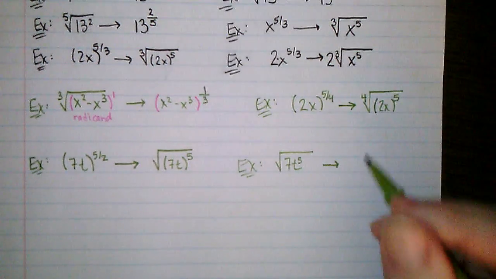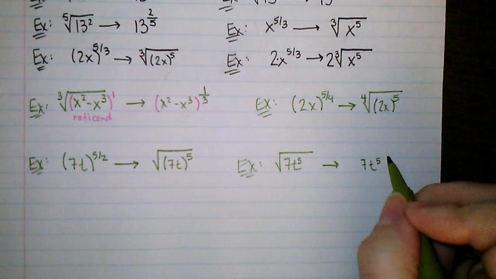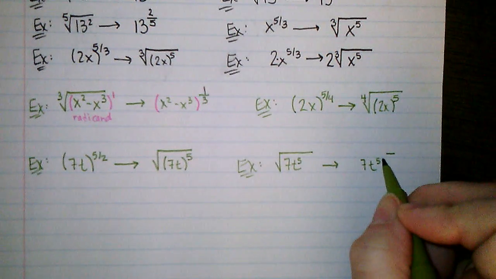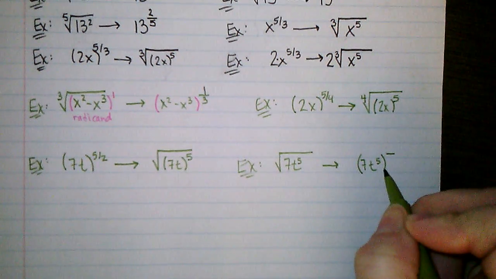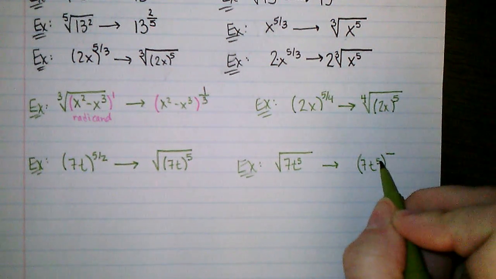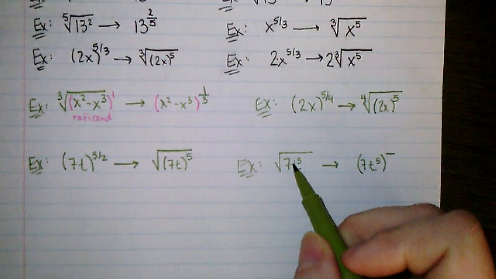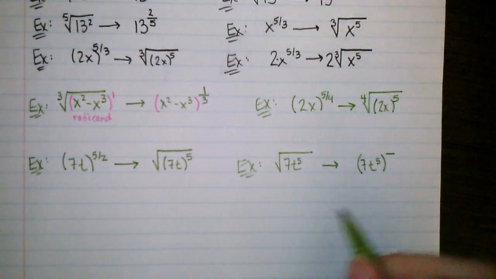So this whole thing is the base. 7t to the 5th is the base. Now, in order to show that 7t to the 5th is the base, what I need to do is put it inside a pair of parentheses to show that the exponent is going to go to the 7 and the t to the 5th. If I don't put it in parentheses, then it would be like my problem started out with the 7 outside. So be careful with that.